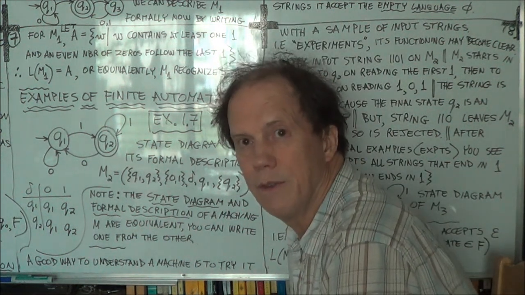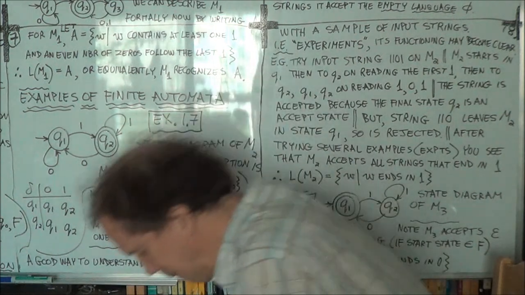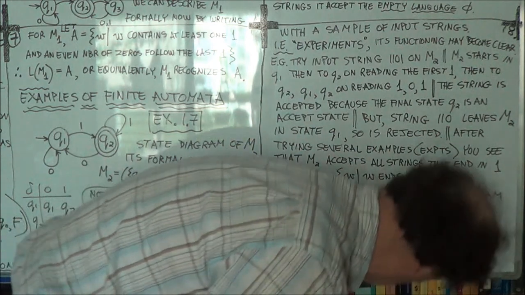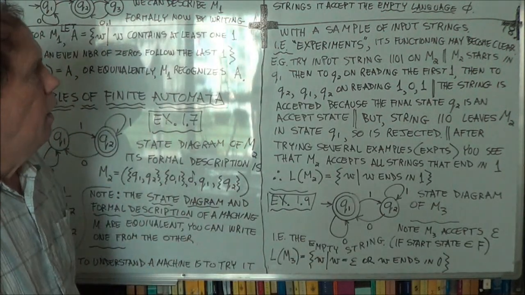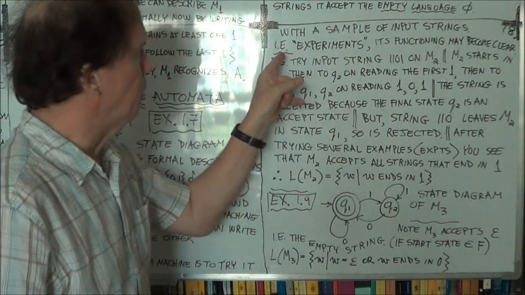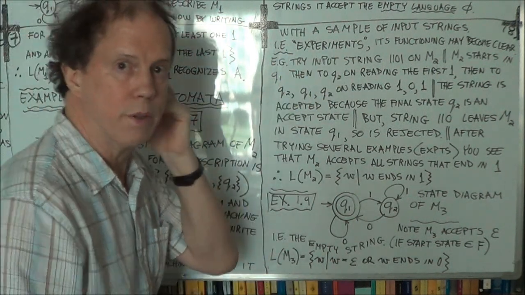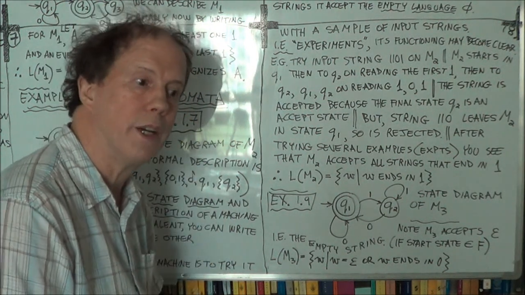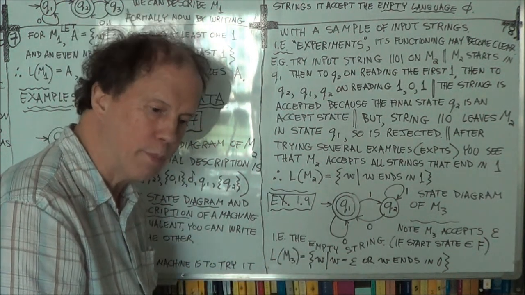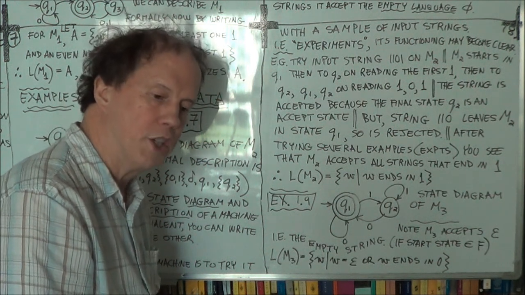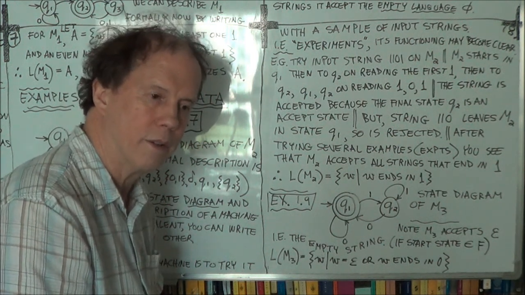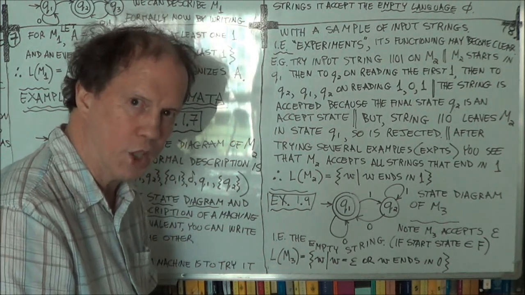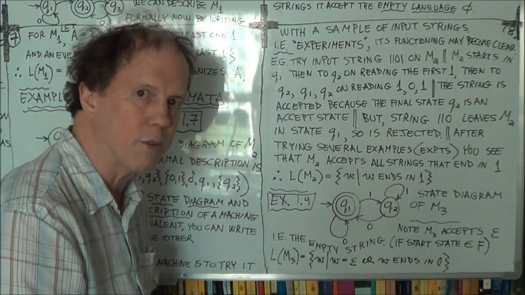You try different input strings and see what happens. So they're called experiments. You just input various different strings and see what the result is, and see if you can find a common pattern that the accepted strings have that the rejected strings don't have. You're trying a kind of classification rule. If you've ever done any machine learning and artificial intelligence, that's what you're doing.